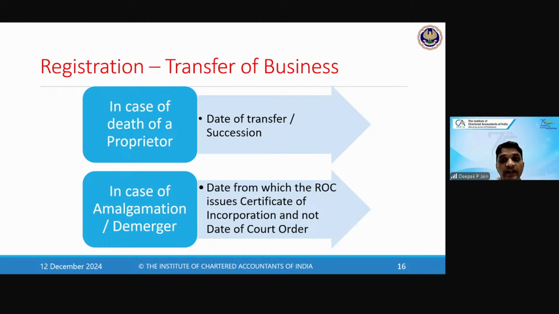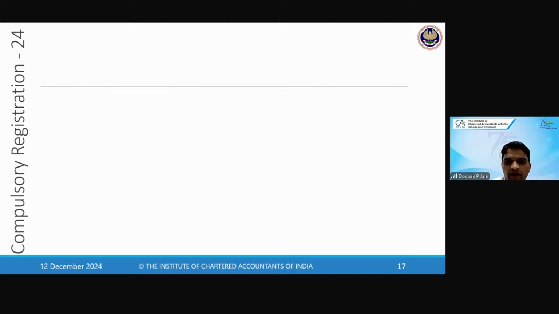Now we'll deal with section 24. 23 will come later on, because 24 is important to understand who has to take registration even if they have not touched the threshold limit.